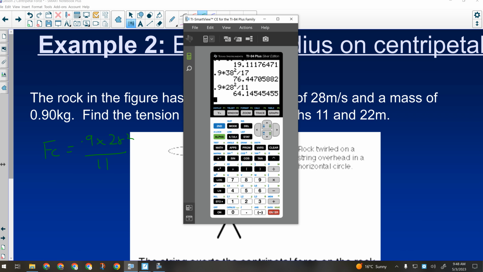If we do that with a 22 meter radius, I get half of 64, 32. Exactly as you thought we would get.